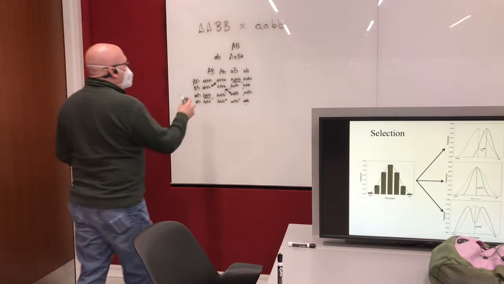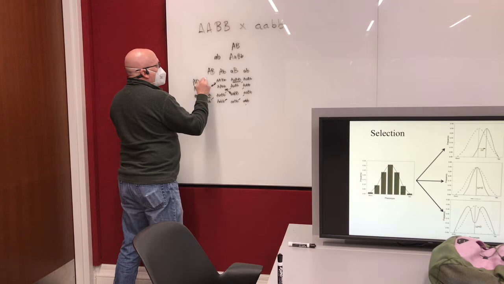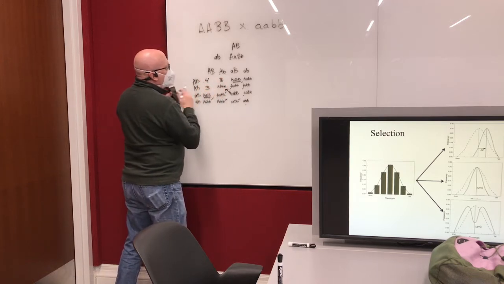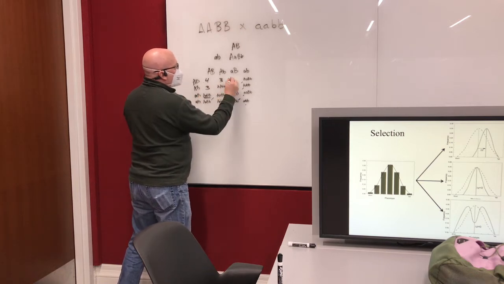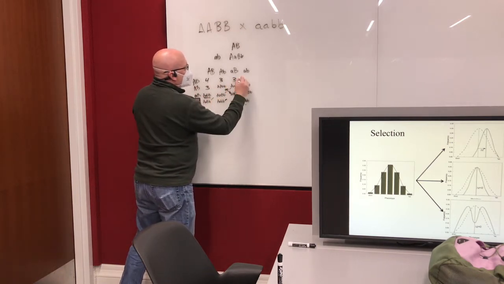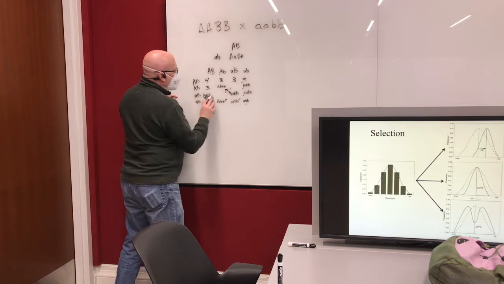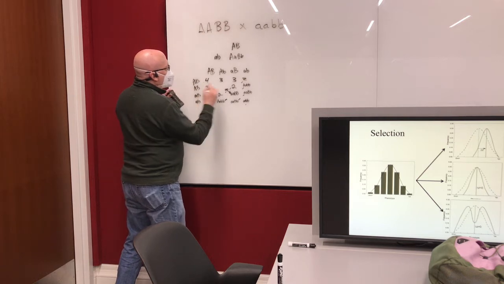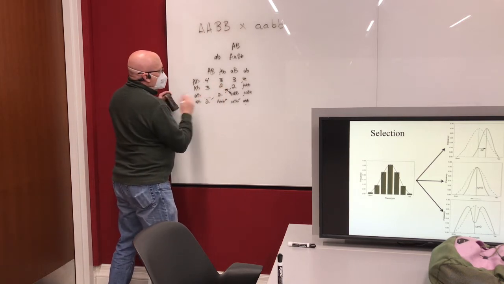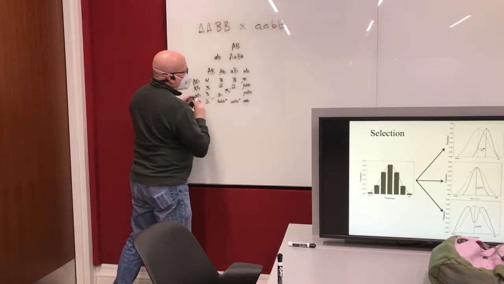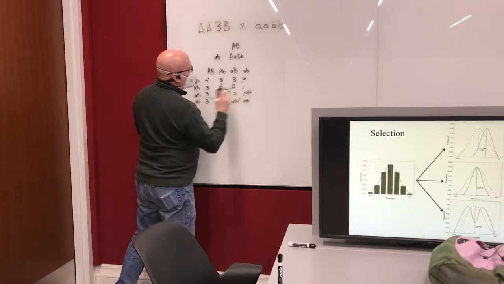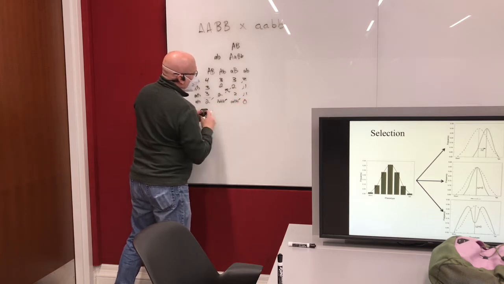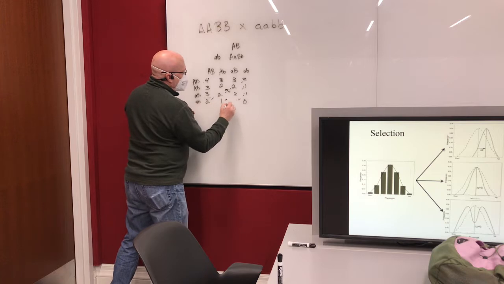What matters is this individual has 4 alleles that are dominant. This individual and this individual have 3 alleles that are dominant. This individual has 3. This individual has 2, 2, 2, and 2. This individual has 2. This individual has 3, 2, 1, 1, 0, 1, 1.